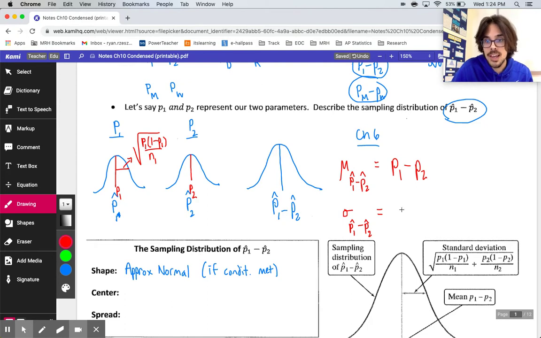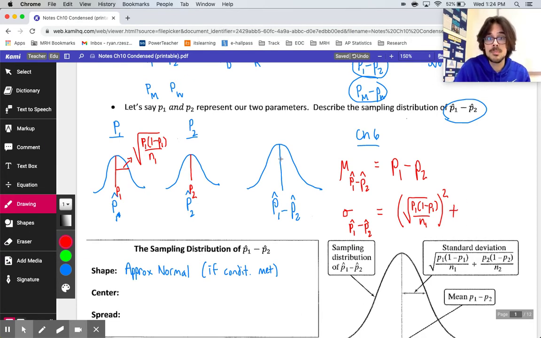So I got to take that guy, and I got to square it. So p1, 1 minus p1 over n1. That guy has to be squared to make it a variance. And even though I'm subtracting, remember, you're supposed to add the variances together.